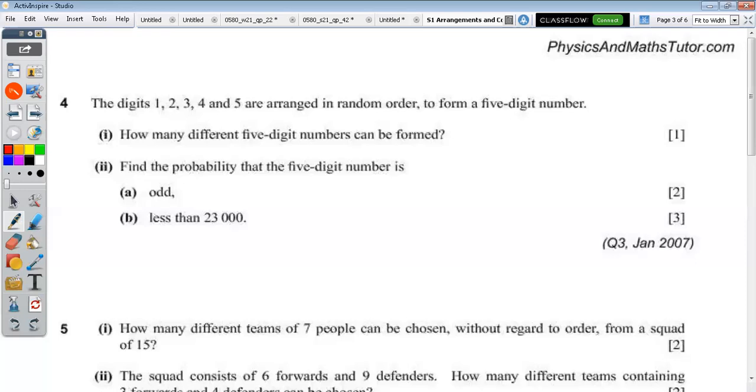I'm just trying to figure out how many different 5-digit numbers can be formed. There are digits 1, 2, 3, 4, and 5, and they want how many 5-digit numbers can be formed. So to put in my calculator, what would I put in? I'd put 5 factorial.